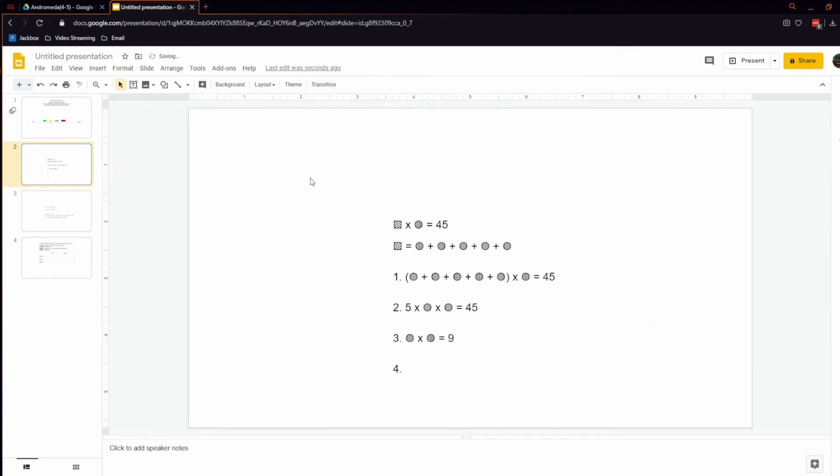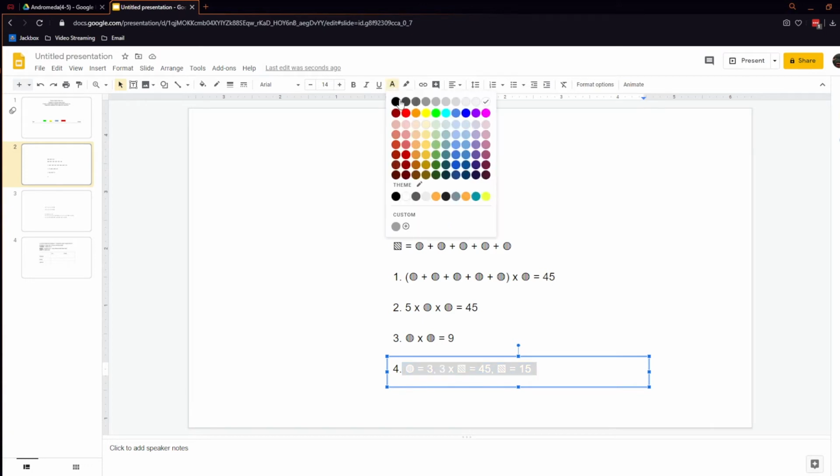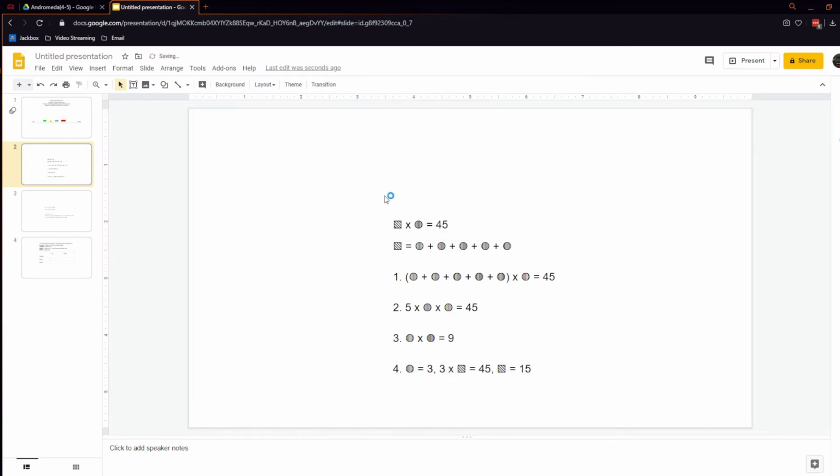Alright, this is the same as circle squared equals 9, and now we just have to find a number times itself which is equal to 9, and 3 times 3 equals 9, therefore circle is equal to 3. And so then we can go back to the top equation and substitute circle for 3, and then 3 times square is equal to 45, and then we can divide both sides by 3, and then we get square is equal to 15.